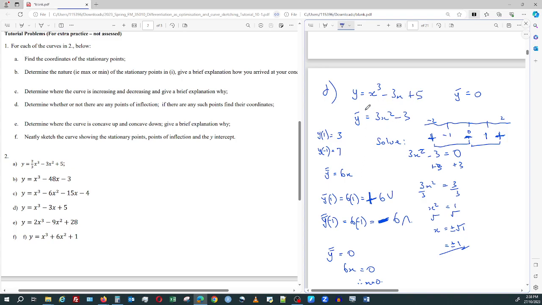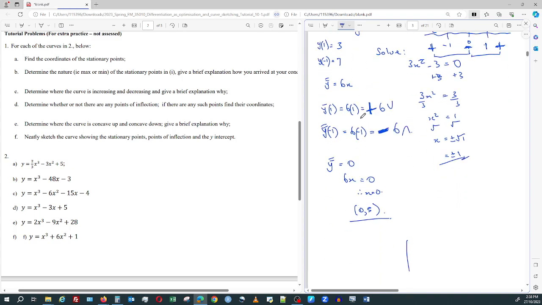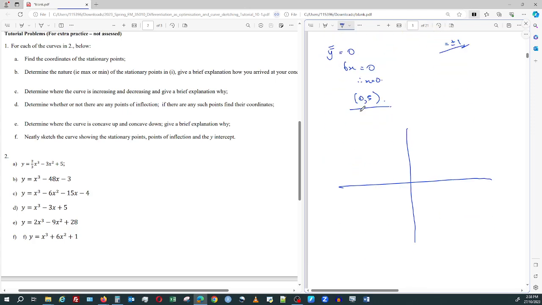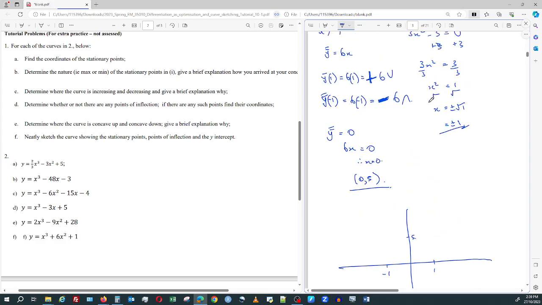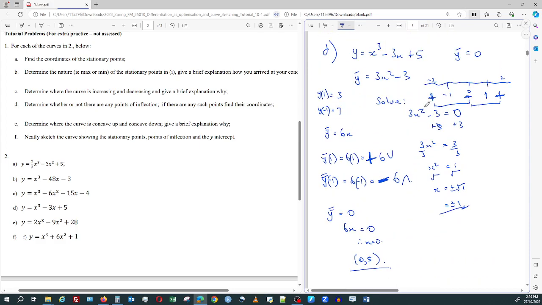And with 0 we already worked out. So we've got plus or minus 1. We have 5. And our values are 3 and 7.